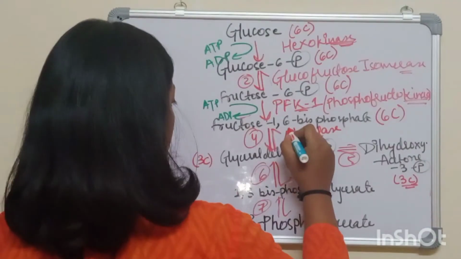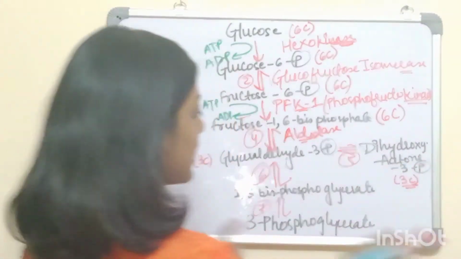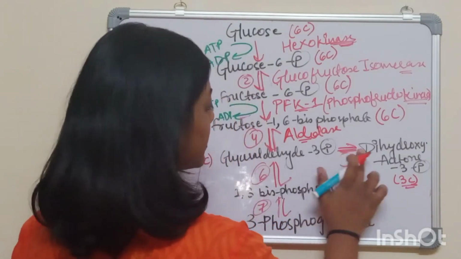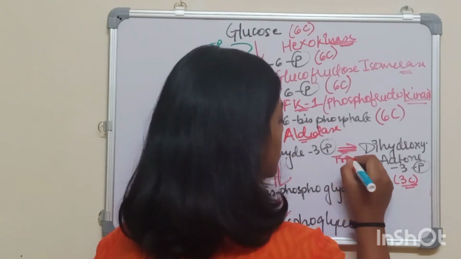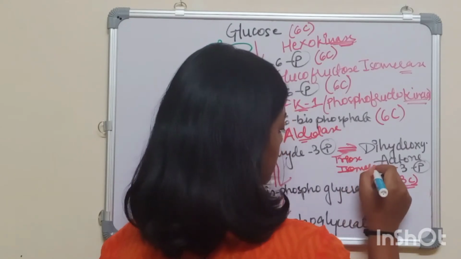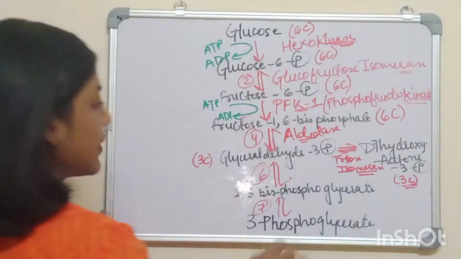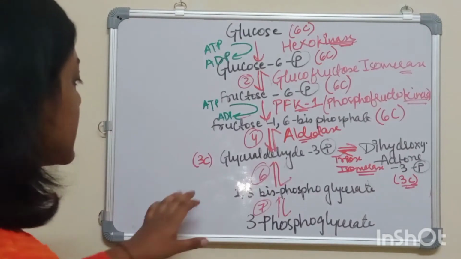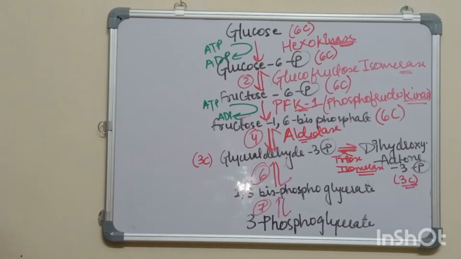Now glyceraldehyde 3-phosphate and dihydroxyacetone phosphate are interconvertible and are catalyzed by the enzyme triose phosphate isomerase. These two are also isomers, so it is catalyzed by an isomerase.